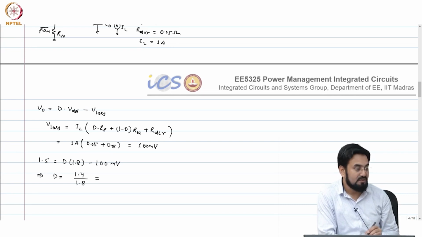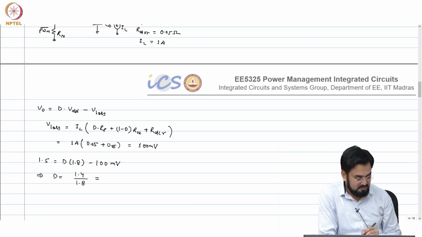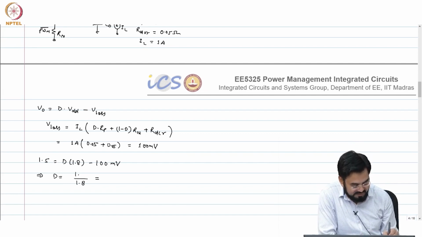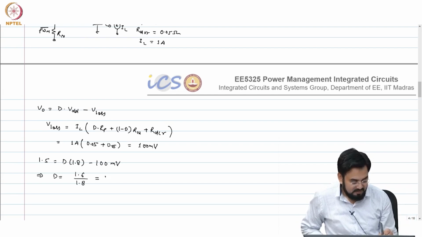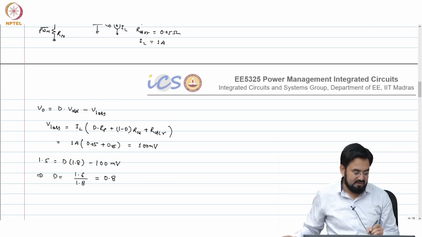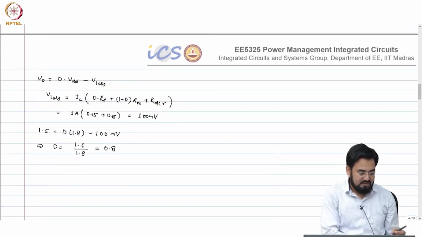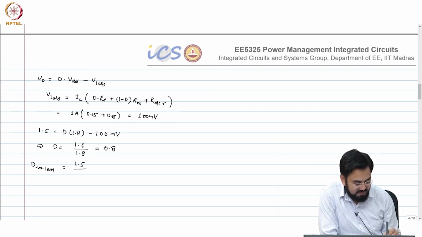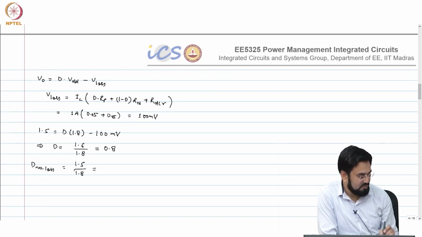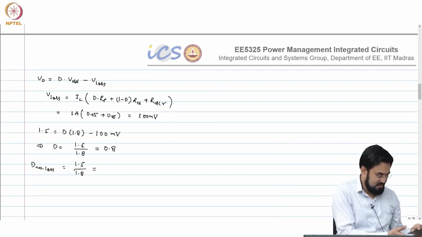How much is this? 0.89. Okay. So, D no loss will be nothing but 1.5 over 1.8. How much is this? 1.5 over 1.8.